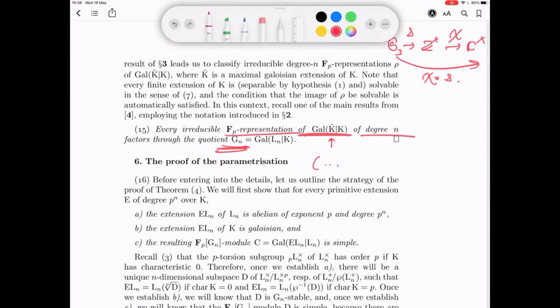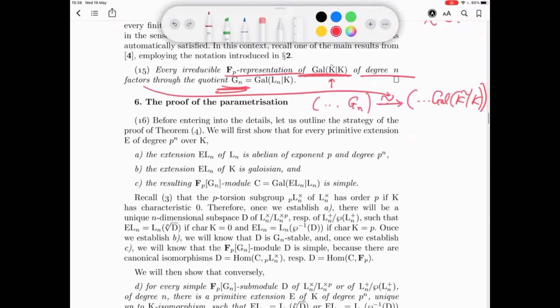So these representations of Gn have a map to these representations of the absolute Galois group, and this is a bijection. That's what it means to factor through this quotient.